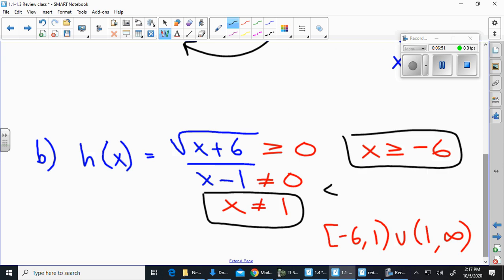Well, if I think of a number line, greater than or equal to negative 6 is all that stuff. But when I get to 1, it can't be 1. But then it's everything after that. So it starts at negative 6. It goes to 1. It can't be 1. So 1 is in both of those parentheses to infinity.